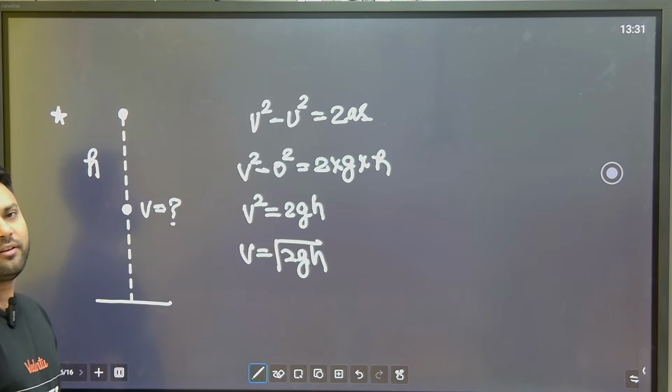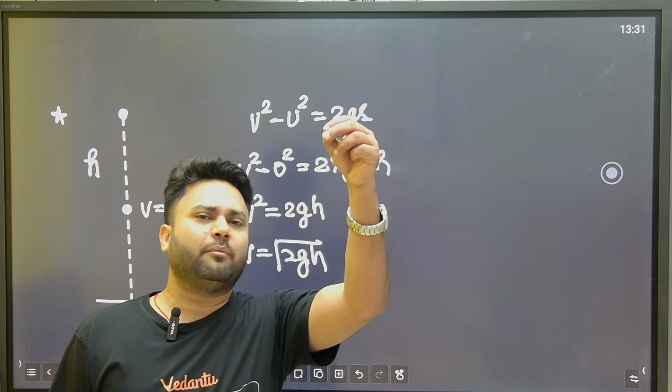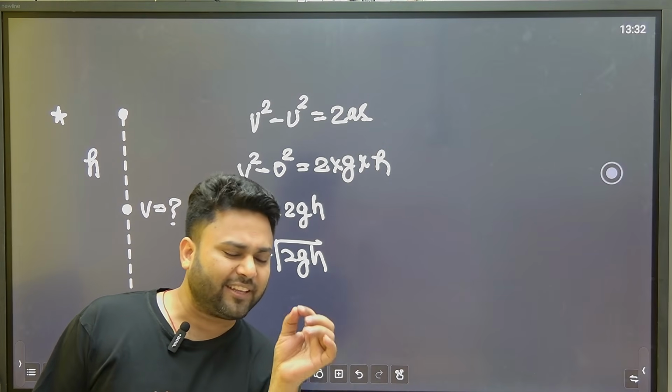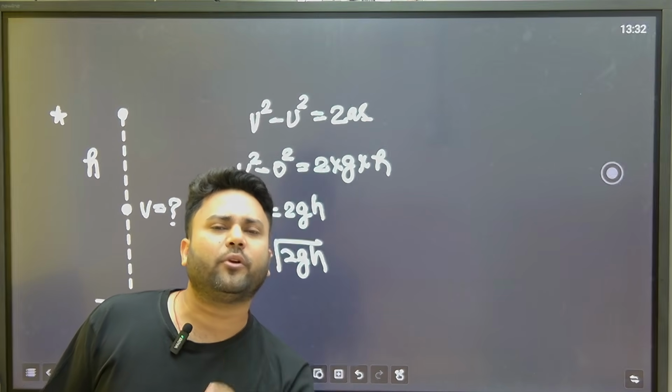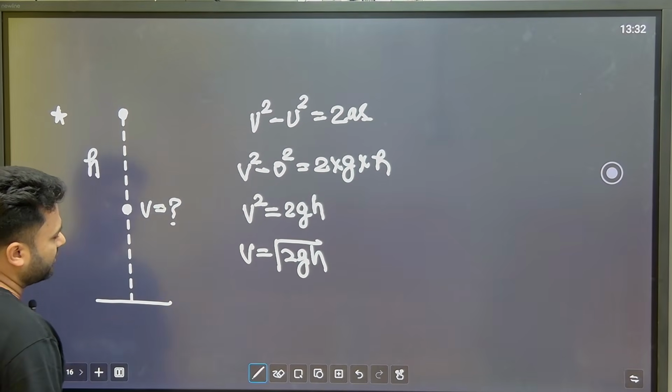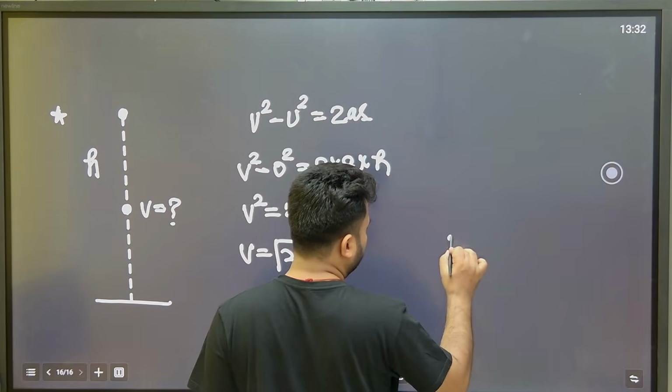So always remember, if you are releasing one ball and it is going h distance, then if they ask what is the velocity at that point, what is the speed at that point, under root 2gh. You can think like this also.